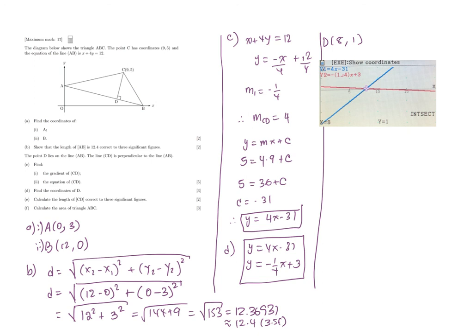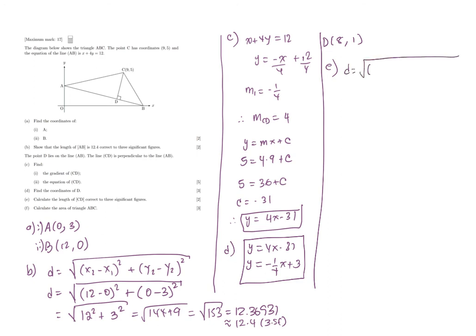Now we move on to part E. Calculate the length of CD correct to 3 significant figures. Now CD would be the distance between the point (9, 5) and the point (8, 1). So again, we're going to use the distance formula for these 2 points. So 9 minus 8 squared plus 5 minus 1 squared.